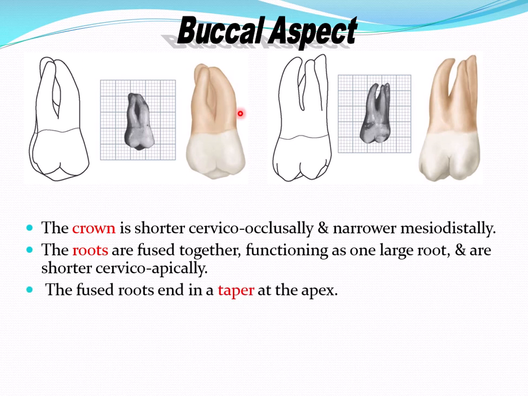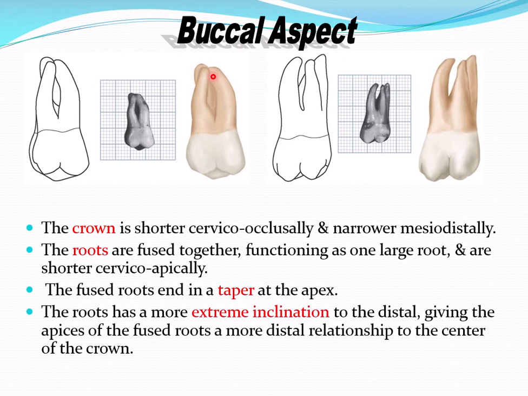The fused roots are tapered at the apex. As I said before, when I compare the second to the first molar, the roots are closer to each other and inclined more distally. The same here.